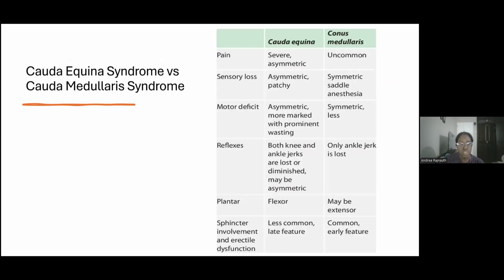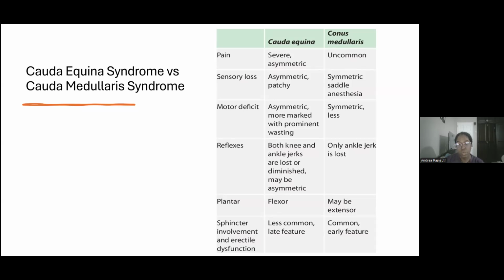This is a table just showing the differences between cauda equina syndrome and conus medullaris syndrome. So the pain in cauda equina is usually severe and asymmetric, whereas in conus medullaris it's uncommon. Sensory loss is usually asymmetric in cauda equina, whereas in conus medullaris it is symmetric and they have saddle anesthesia.